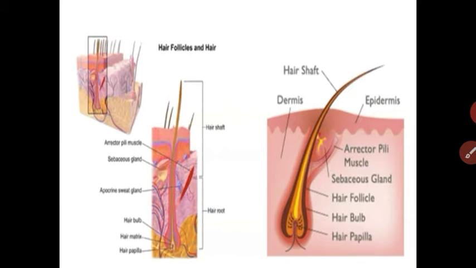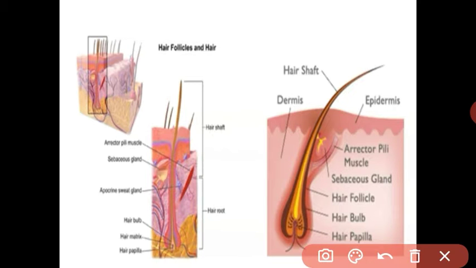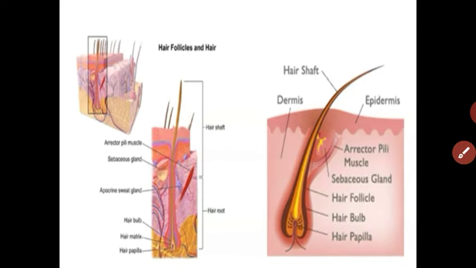When we studied the structure of skin, I explained this briefly, but in this video I will explain each structure in detail. See, student, this is the structure of hair.